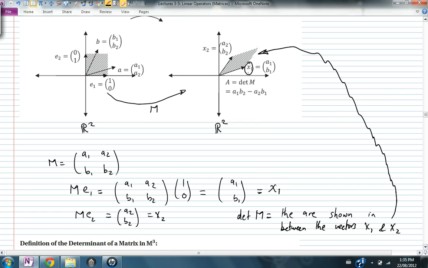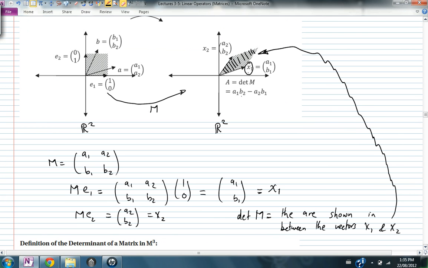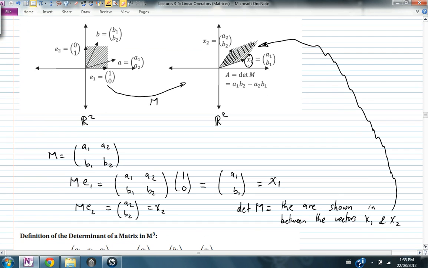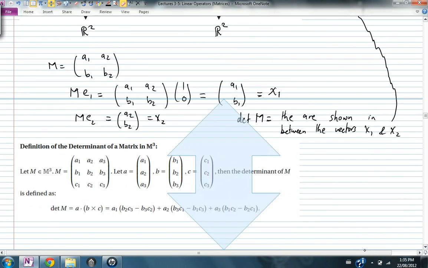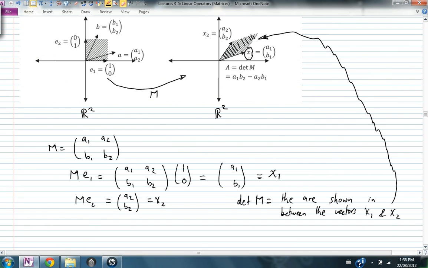So this area, the determinant of M, is equal to A1 B2 minus A2 B1. And if you have 5 minutes, you need to verify that I'm not lying to you, and that indeed this area has value A1 B2 minus A2 B1, given that the coordinates of this point are A1, B1 and the coordinates of this point are A2, B2. You need to verify that this area is equal to this value.